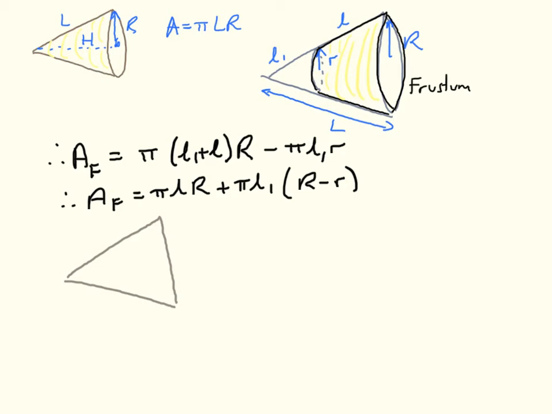And it has a distance here from the middle, capital R, and there is a distance in the middle here, little r, that's the two radii here and here, and this distance is little l1, and this distance here, the total distance, is capital L, but it's also L1 plus little l, so we can just write this as little l.